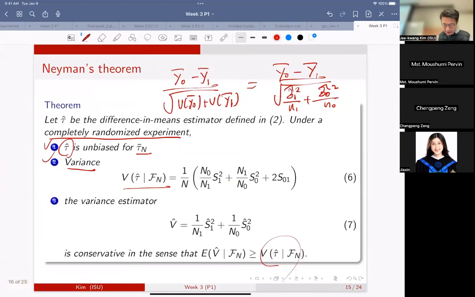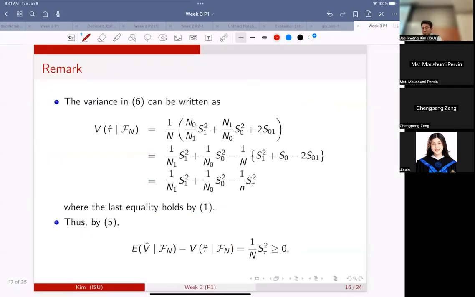So how to show this? First of all, let's check this formula more carefully. If you check this formula, you can write it this way, and then you use the notation tau square.